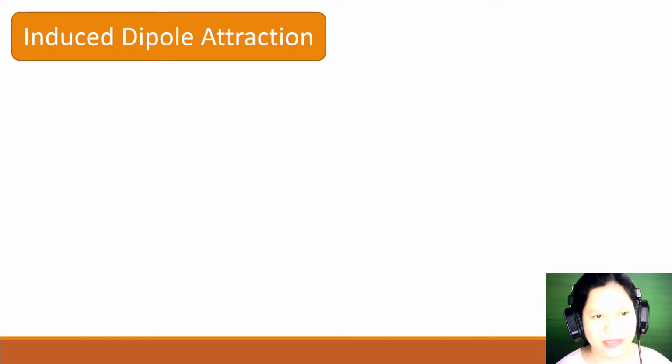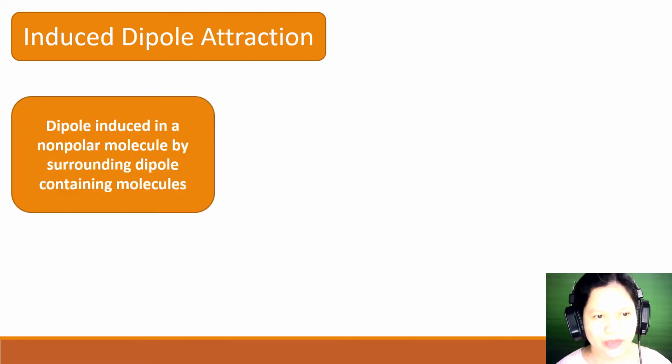Okay, the third one is induced dipole attraction. When you talk about induced dipole attraction, it involves a nonpolar molecule by the surrounding dipole containing molecules. Just like the dipole-dipole forces, it depends on the presence of polar molecules.